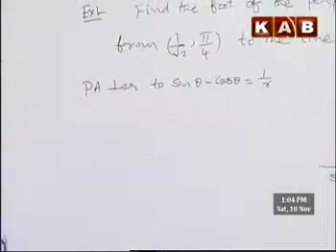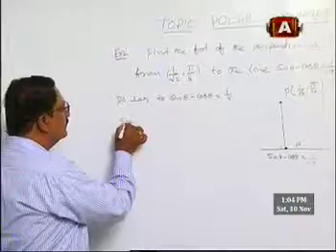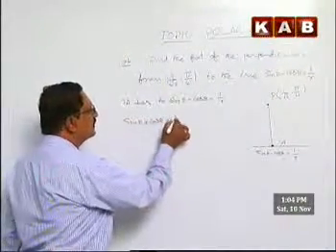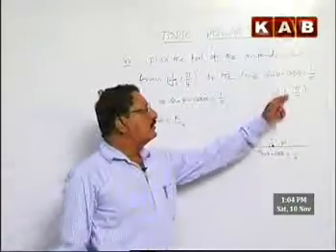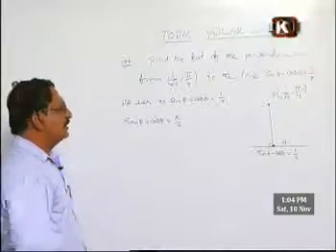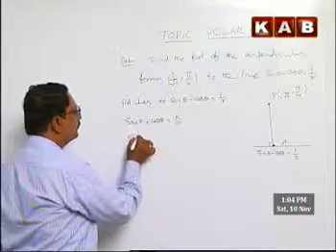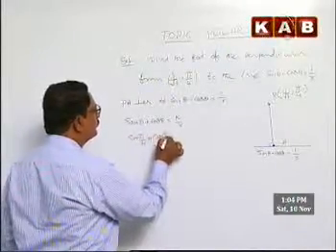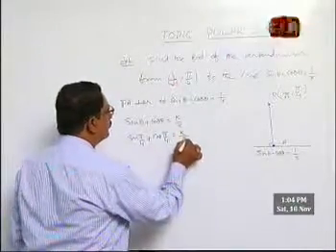Therefore, the equation of the line PA is in the form of sin theta plus cos theta equals to k by r. But it passes through the point 1 by root 2 comma pi by 4. Now, sin pi by 4 plus cos pi by 4 equals to k by 1 by root 2.